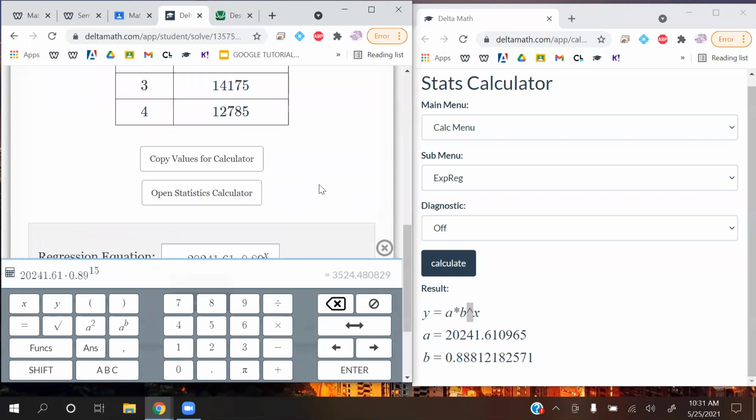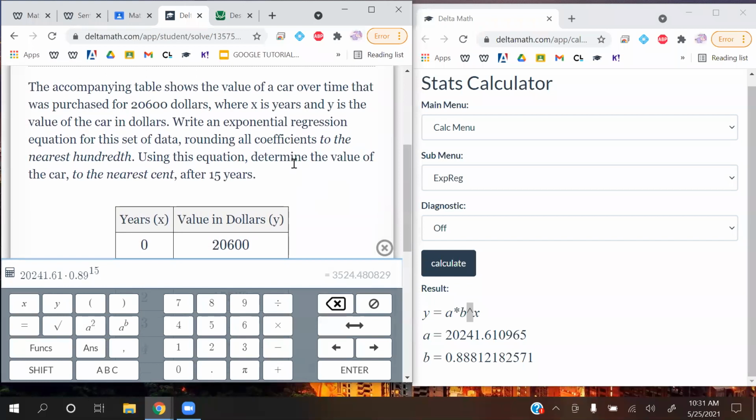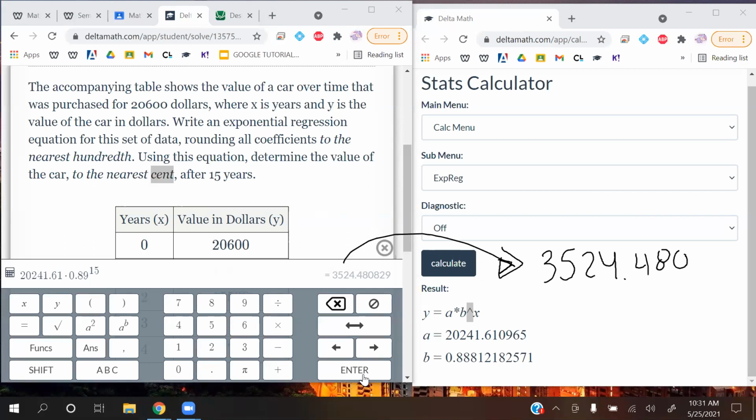And then we're rounding this answer to the nearest, I cannot remember. Nearest cent. So nearest cent is 2 decimal places. So I'm going to round that number to the nearest cent. I'm going to write it out because you guys can definitely not see that in person. So this is 35244.80829.